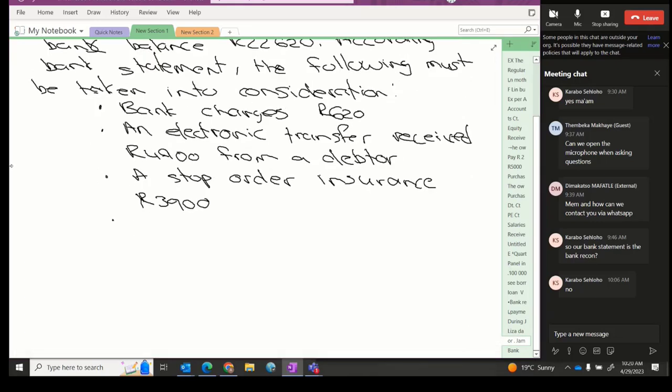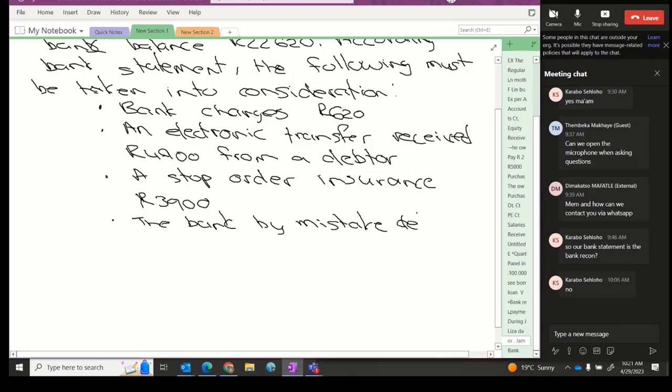Okay, now the following one says the bank by mistake debited a stop order of 7819.